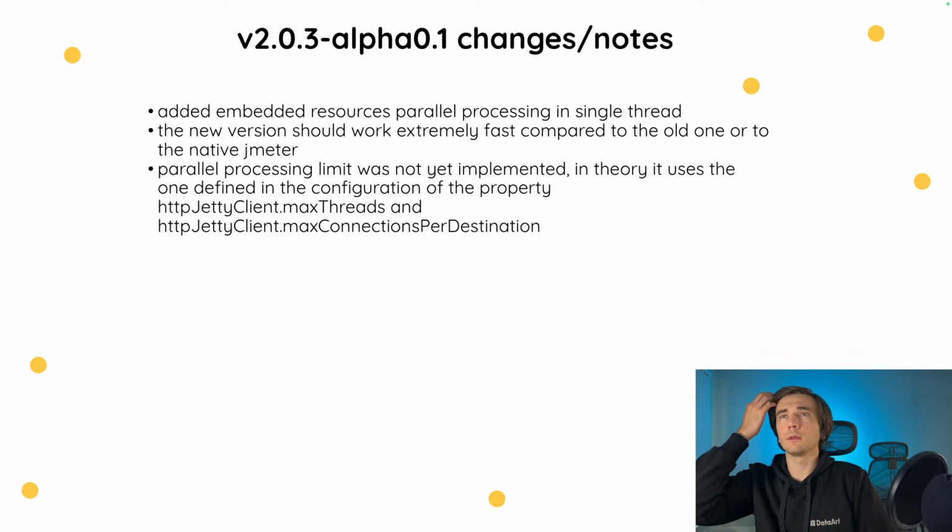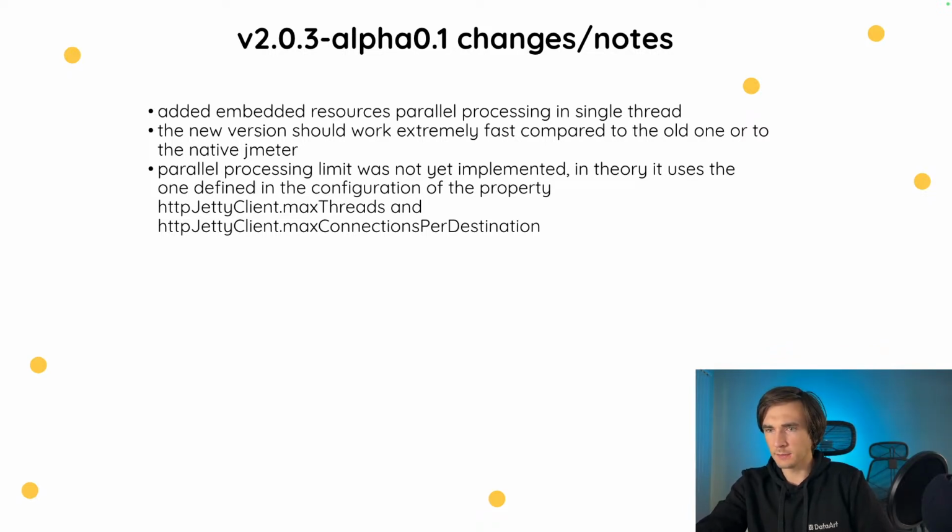The structure of the slides will be like this: some version changes or notes. Here I want to provide some details: what was changed, why something was changed, and what common problems we might face, because you might face the same problems.